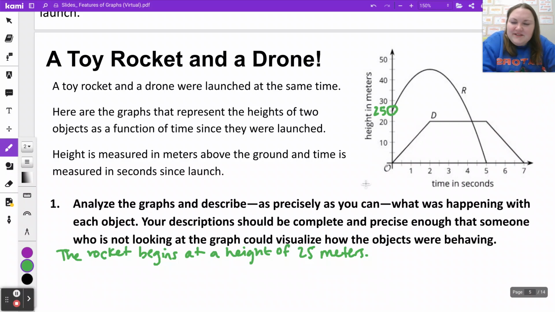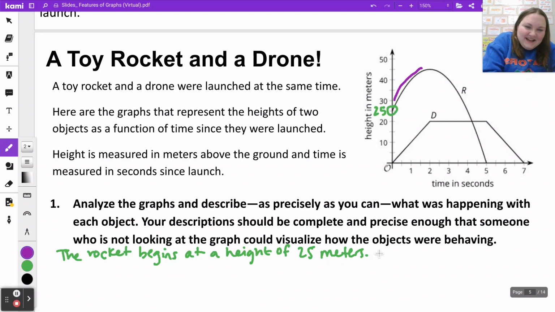And then I want to describe what comes next. What I notice is that my line is going up like this. And it's curved, so it's different than that graph we saw in the warm-up with Diego. This would not be a constant speed. It goes up a lot in the beginning, and then it starts to flatten out, which means the height isn't getting as high near the end of that line.